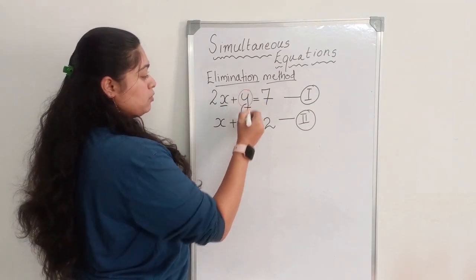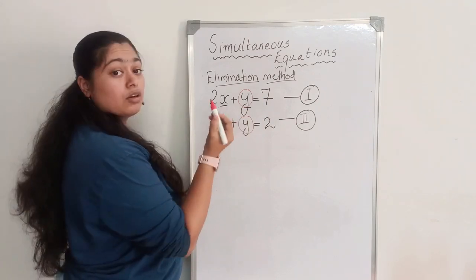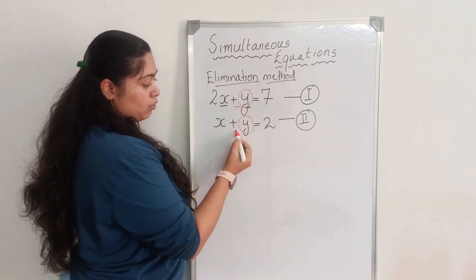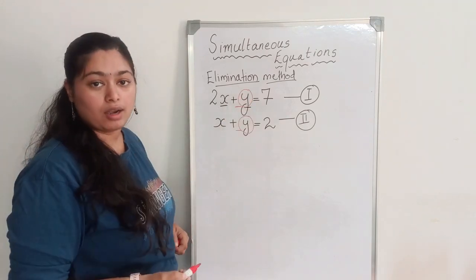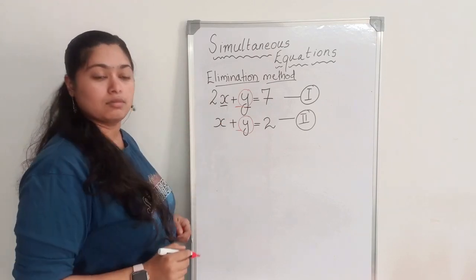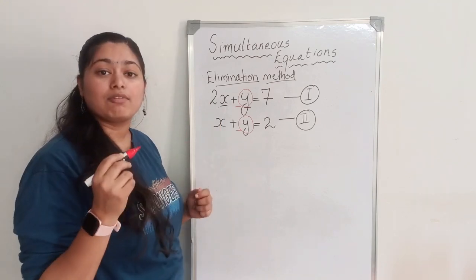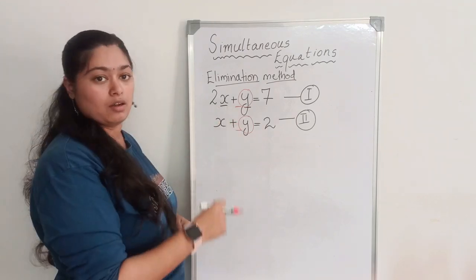The reason is, if you look at the coefficient of y, coefficient meaning the number over here, it's the same. Both y terms have the coefficient 1, whereas x has different coefficients, 2 and 1. So it's easier to eliminate the variable which has the same coefficient. So I have chosen to eliminate y.